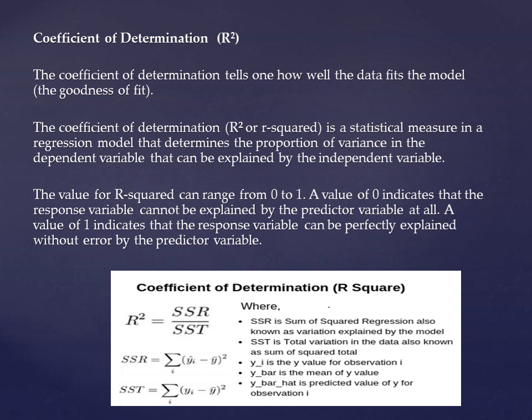A value of 0 indicates that the response variable cannot be explained by the predictor variable at all. A value of 1 indicates that the response variable can be perfectly explained without error by the predictor variable. And this is the coefficient of determination equation. R square equals sum of square regression divided by sum of square total.